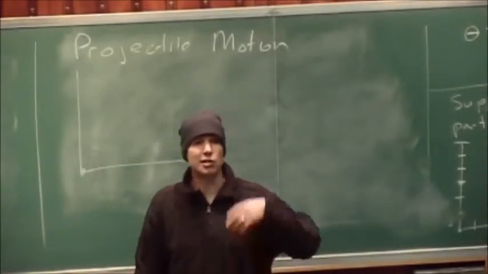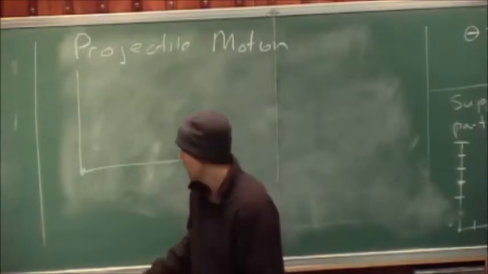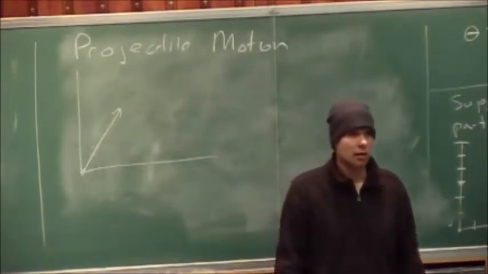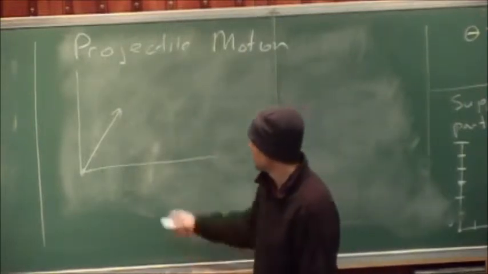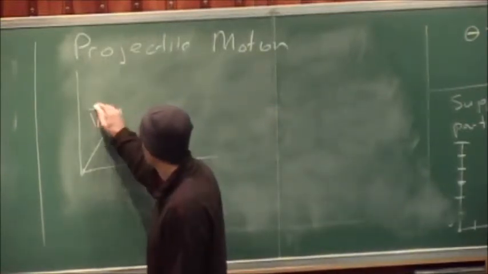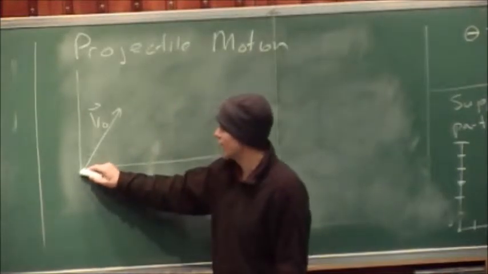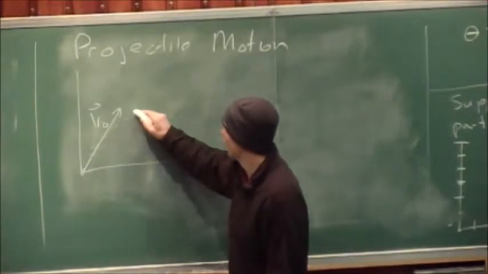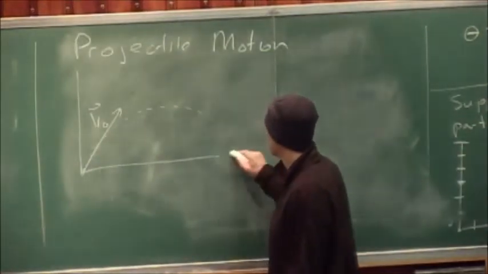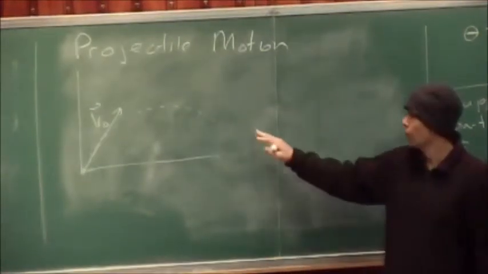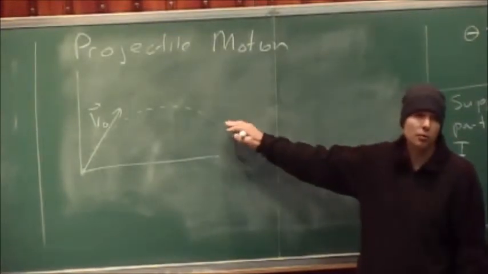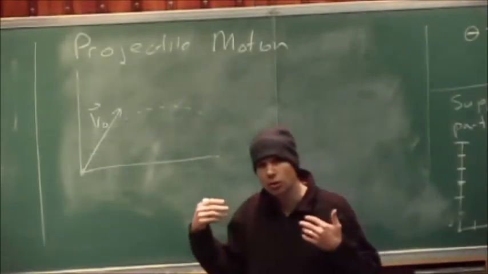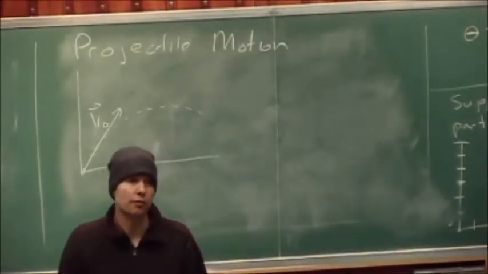It starts at the origin and it has some initial velocity coming out of here, which we're just going to call v0. And then the actual trajectory of this is going to come out and come like this. When we talk about projectile motion, we're talking about the motion that an object experiences due to a uniform gravitational field.